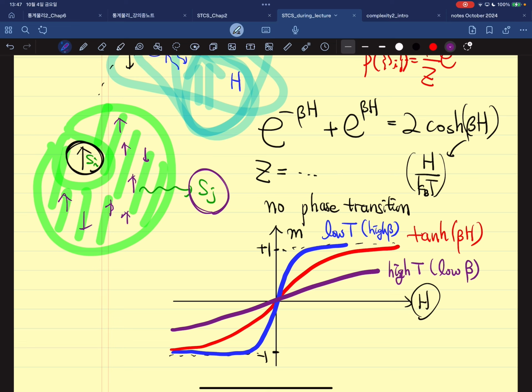So even if you want to treat this Sj as some representative spin, because of this large fluctuation among the other spins, there must be some kind of error deviating from this behavior.